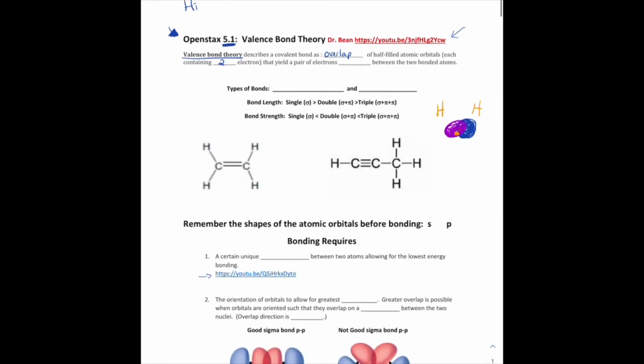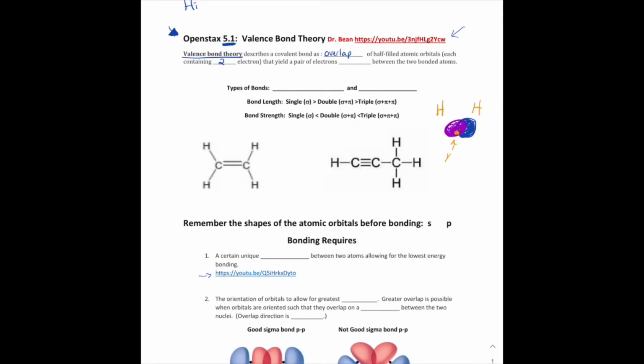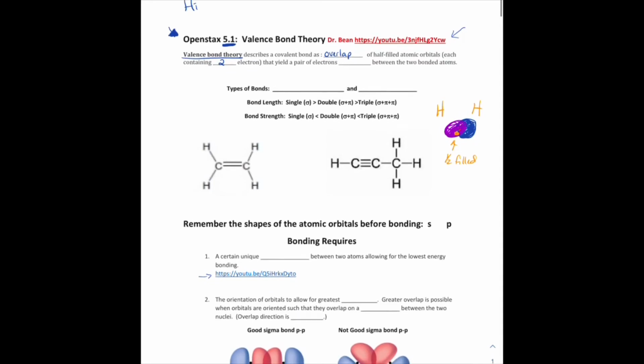You're like, overlap, half-filled atomic orbital. Well, when there's 1 electron in it, that's a half-filled atomic orbital. Because you can only have 2 in the bond, and 1 is half-filled, and 2 is the max you can have on any orbital, S, P, D, or F. You can only have 2. All right, so those are your half-filled atomic orbitals, each containing 2 electrons.